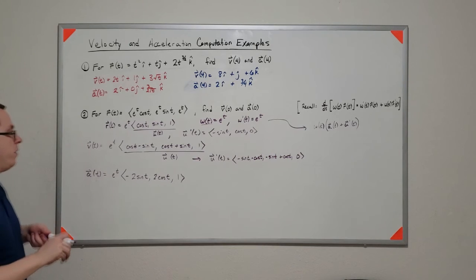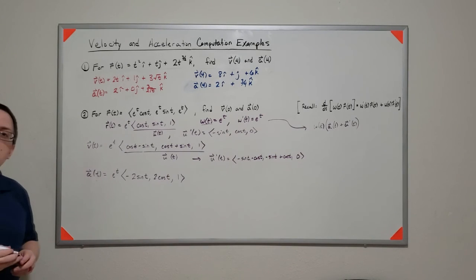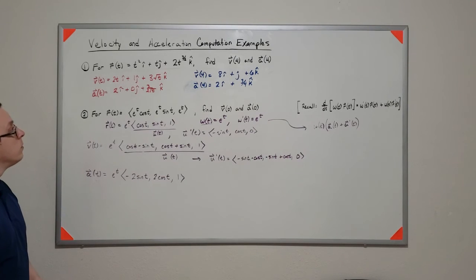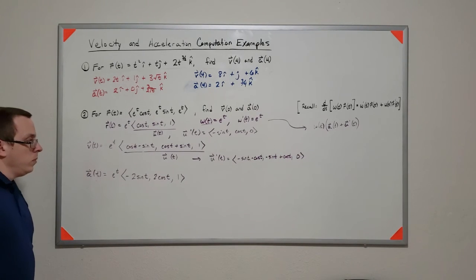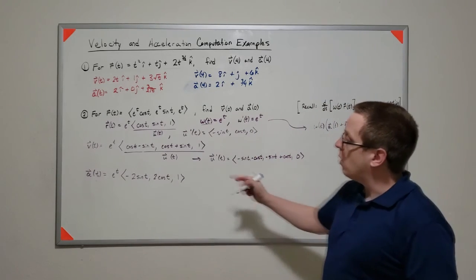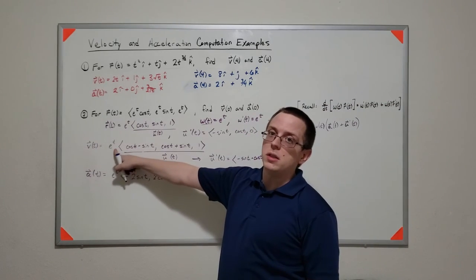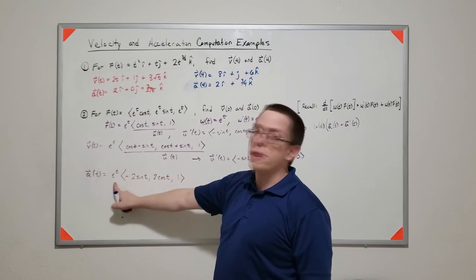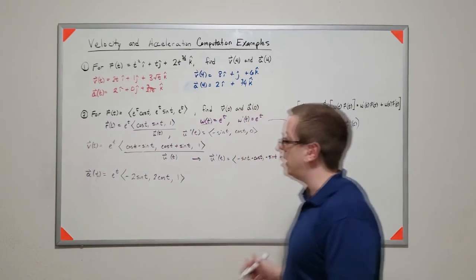So now that we have v of t and a of t, we can get v of 0 and a of 0. Now remember that e to the 0 is just 1. So for practical purposes, we don't actually have to consider this scalar function at the edge.